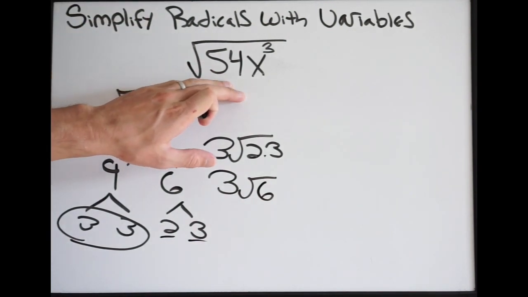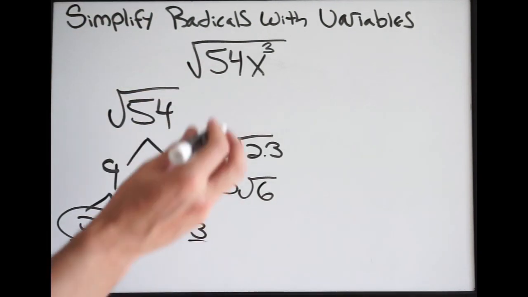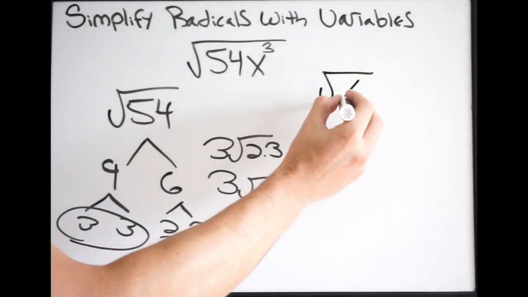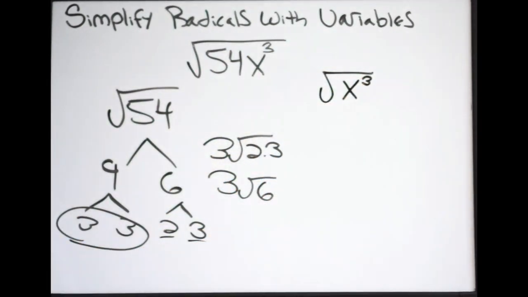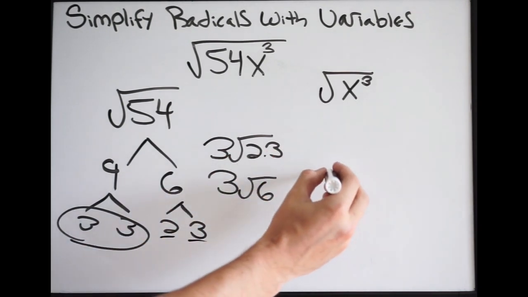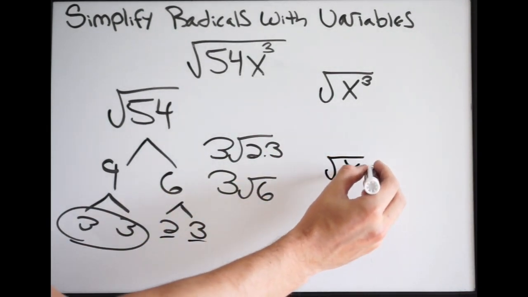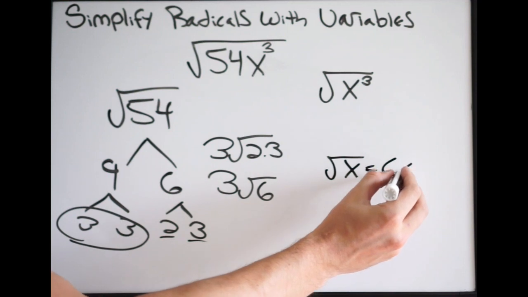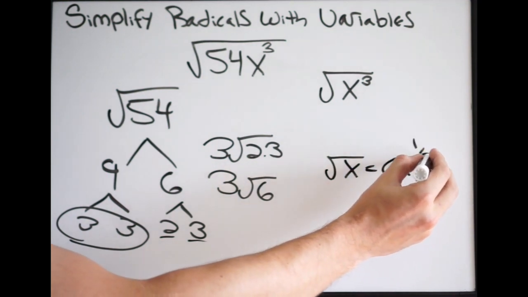Now we want to work on our variable. Alright, so we have the square root of x cubed. It may be useful to understand, if you forgot, what the square root actually is. For example, the square root of x can be written as x to the half.